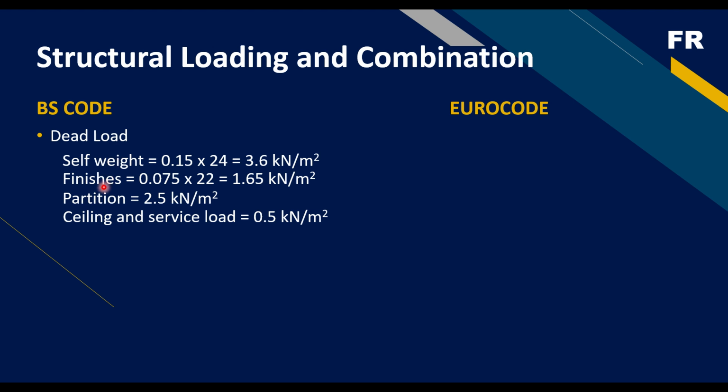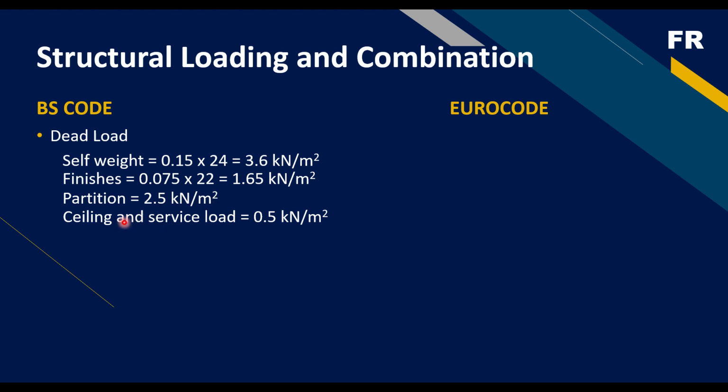So finishes, we can assume a concrete finish of 75 mm thick. So we multiply by density of 22 to give 1.65. For partition load, we can assume 2.5 kilonewton per meter square, depending on the type of slab.